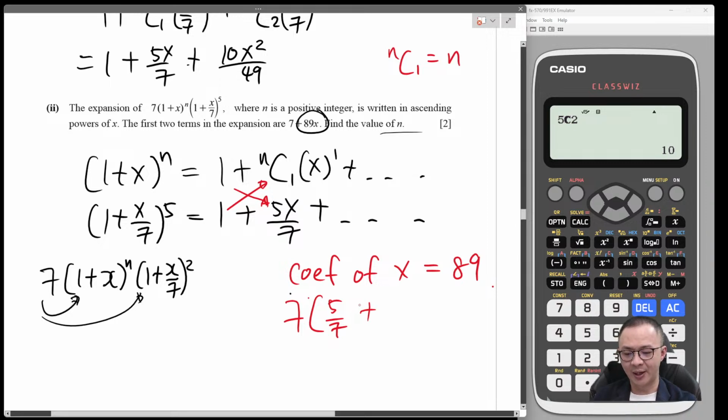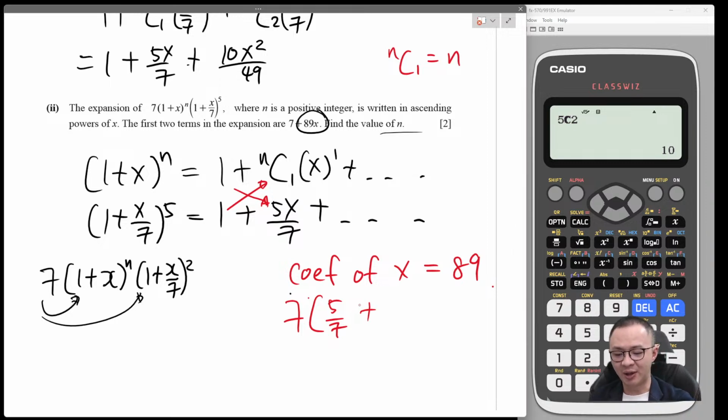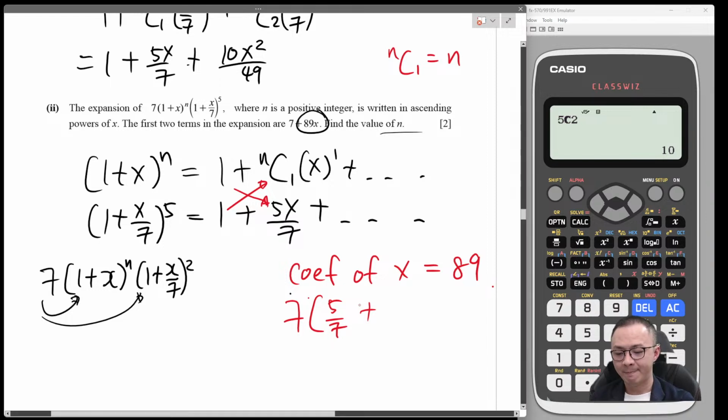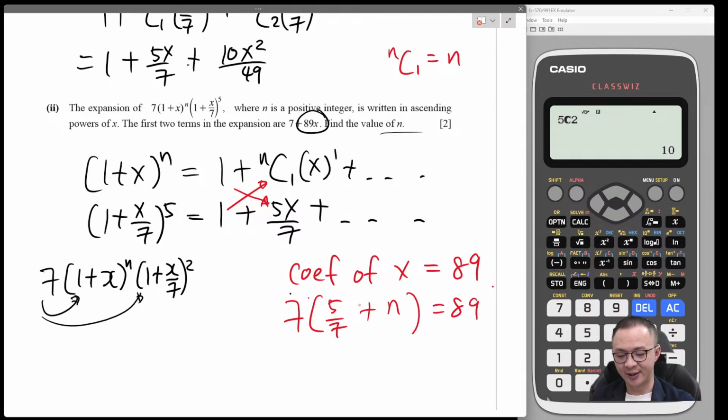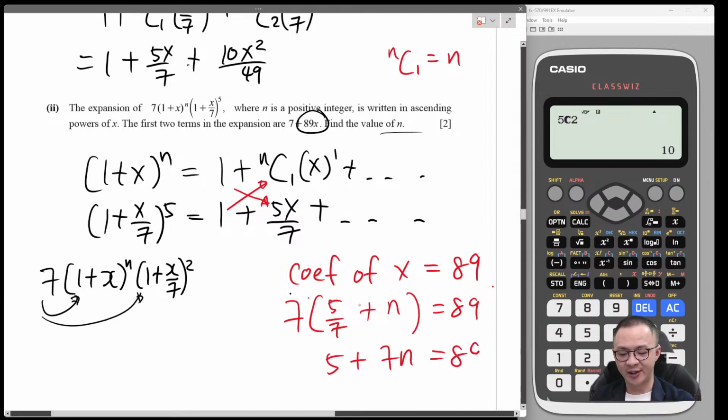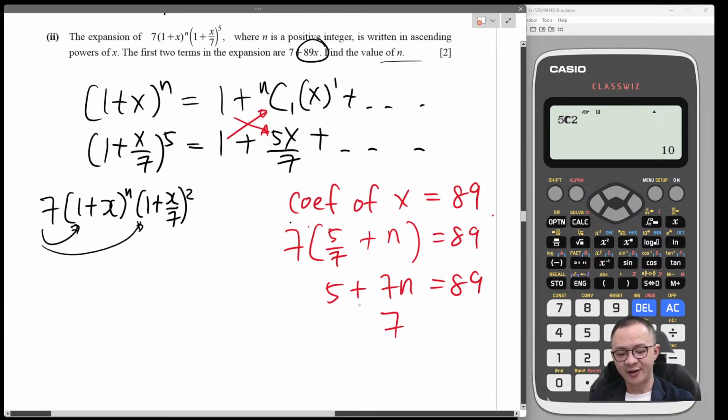Because this one multiply this one, 5 over 7, plus n equals 89. So this one is 5 + 7n = 89. So 7n should equal 84, after minus 5, right? n should equal 12.